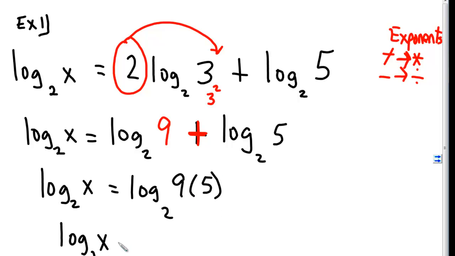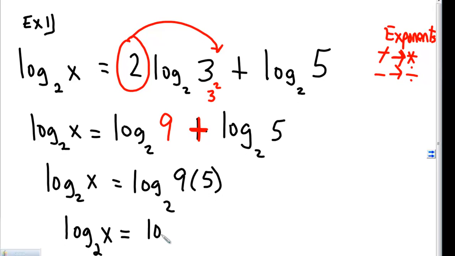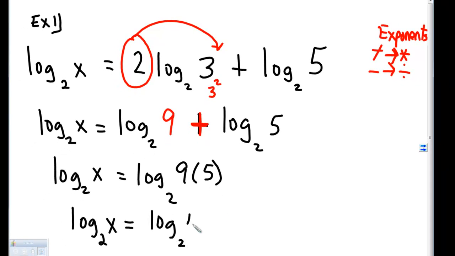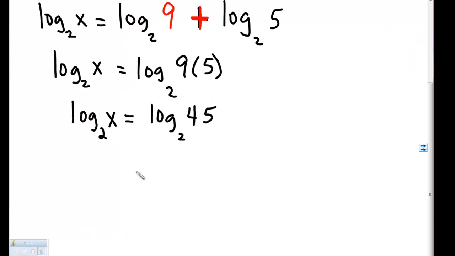Log base 2 of x is equal to log base 2 of 45, since 9 times 5 is 45. Since the log and the base are the same on each side of the equal sign, I need to set the x and the 45 equal to each other and solve for the variable x. X is equal to 45, and this problem is done.